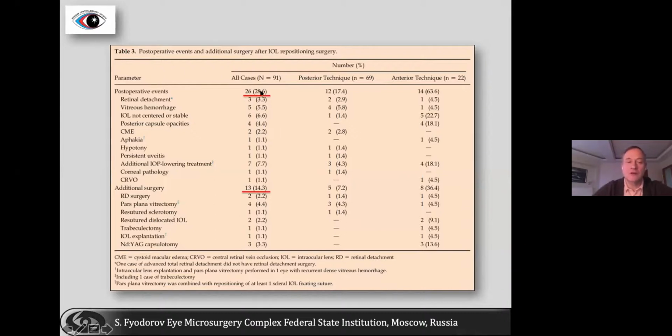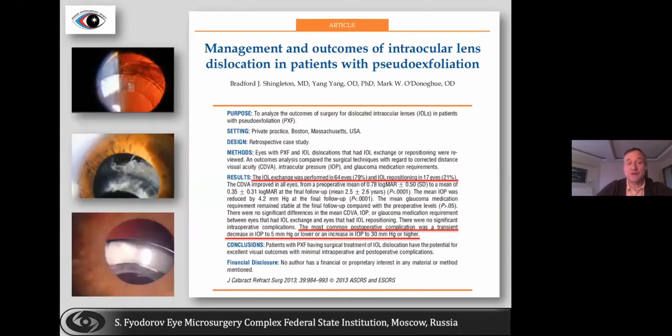They include everything from corneal pathology to retinal detachment. So this is a challenging surgery, and you have to be prepared. In many of these cases, additional surgery was needed. In that case series, 14.3% of patients needed some extra manipulations. You have to let patients know in advance.